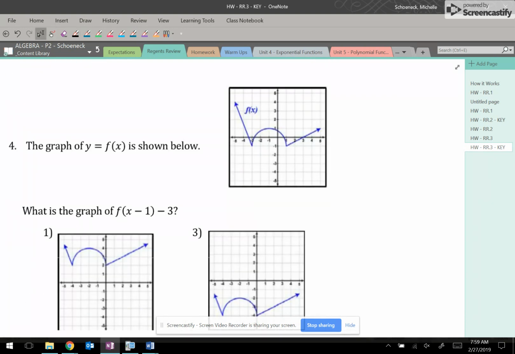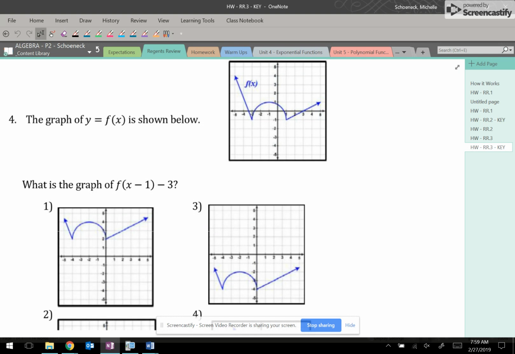All right, number 4, the graph of y equals f of x is shown. It's a weird looking function, but it's still a function. And it's asking us about transformations. This one is on the inside, so it is a horizontal change. It does the opposite of what we think, so we want to go right 1. And this one is on the outside. It does exactly what we think. It's a vertical change.